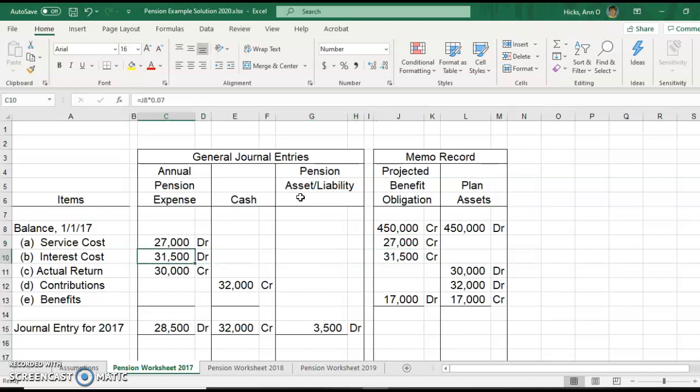Same thing with the interest. We're debiting, increasing our annual pension expense, but we're acknowledging that on the books of the plan, that will also increase the projected benefit obligation.